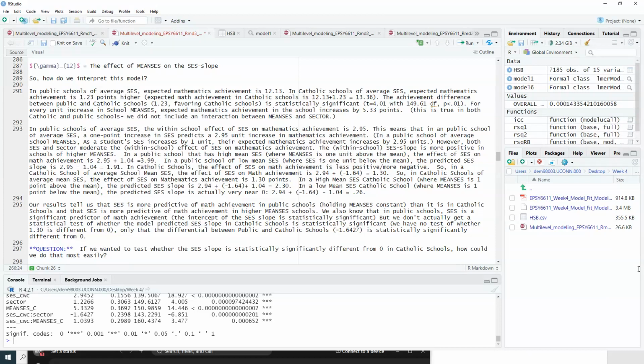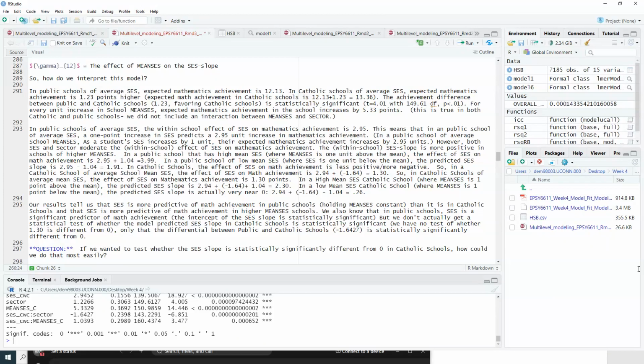And so that's gamma naught 2, saying that for every unit increase in SES in public schools, the expected math achievement increases by 5.33 points. But because I didn't put an interaction, I'm not actually allowing for the effect of mean SES to be moderated by sector. So it turns out that that is actually true in both Catholic and public schools.